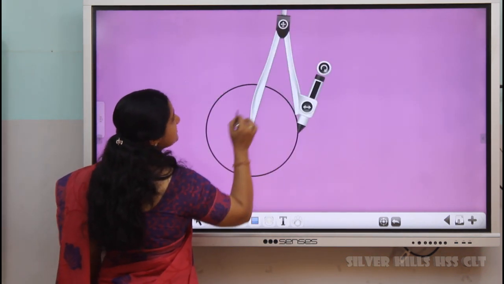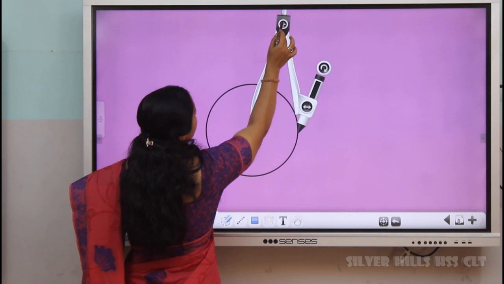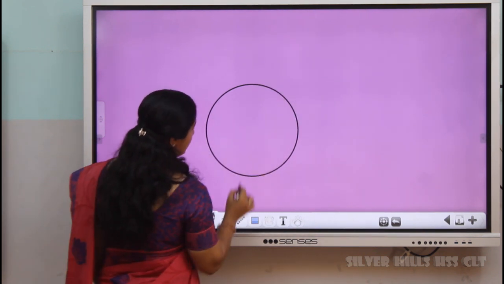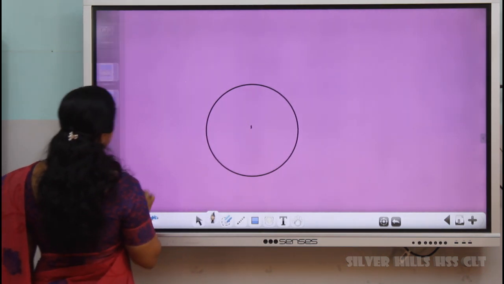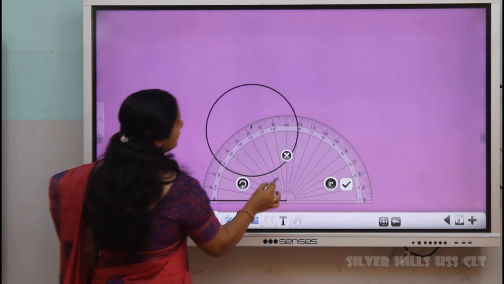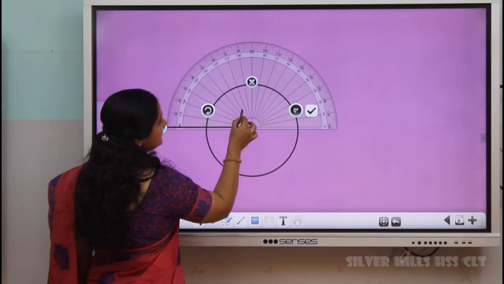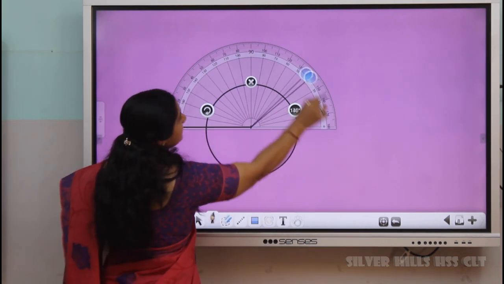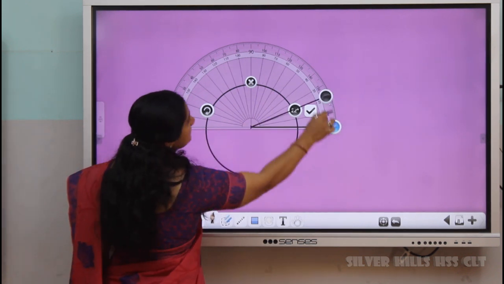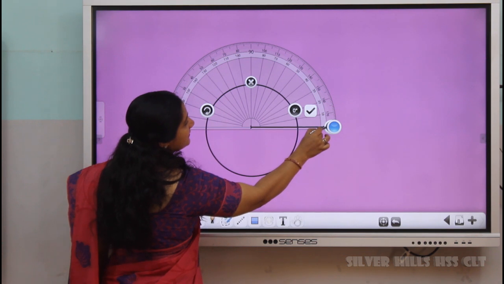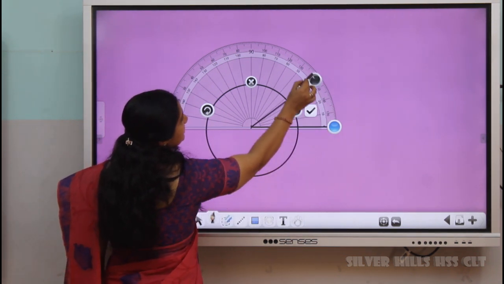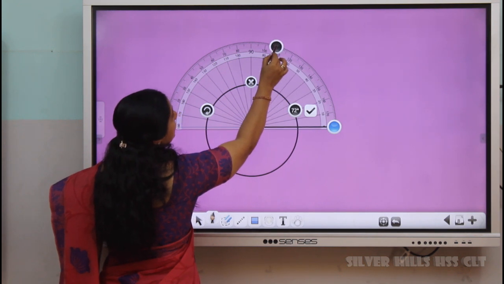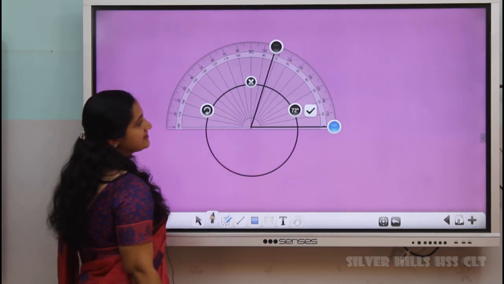So, completing a circle, mark the center, then take the protractor, fix the protractor, okay, then 72. It is given as 72.